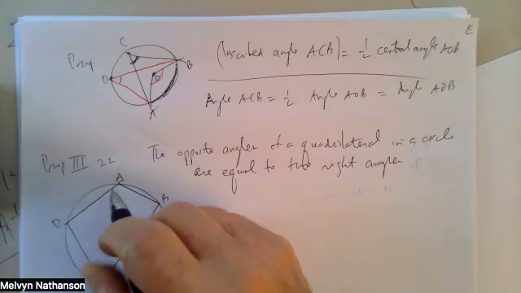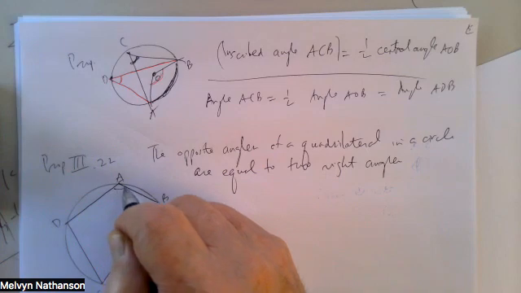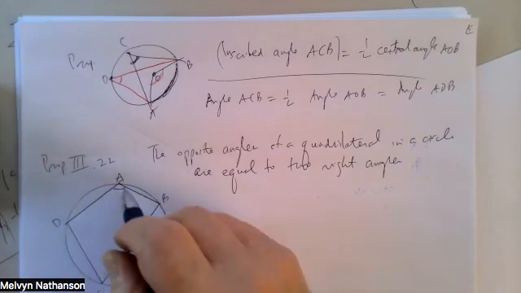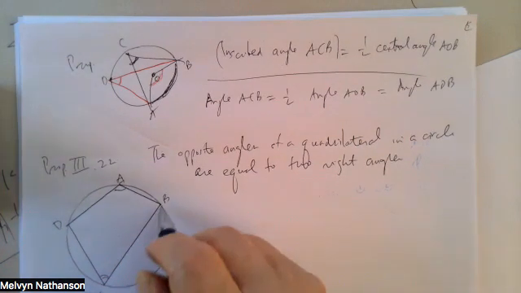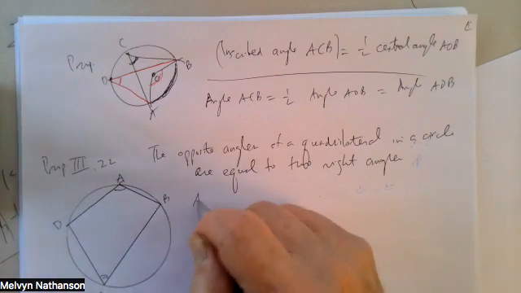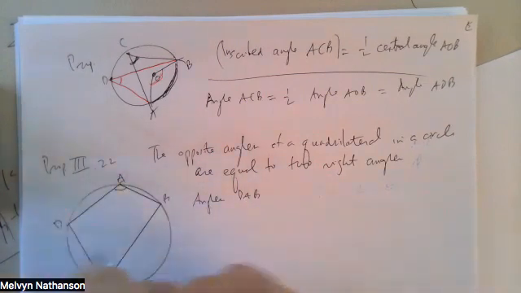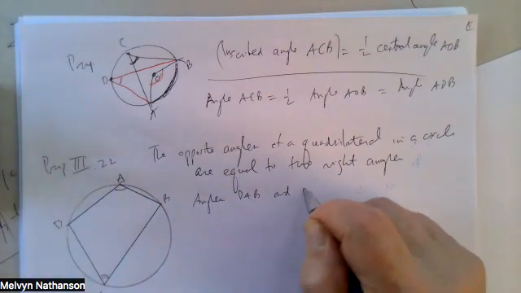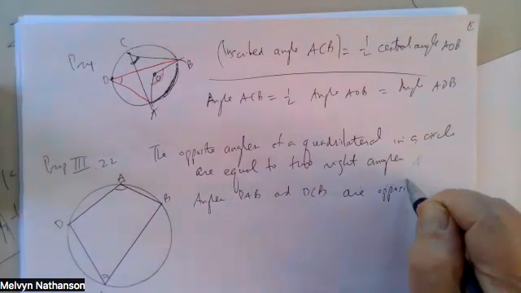So, for example, the angle DAB, that's one of the angles in this quadrilateral, and the opposite angle is the angle BCD. So angles DAB and DCB are opposite.